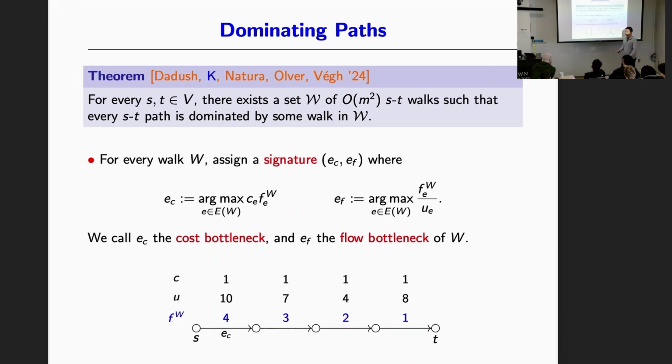And what's EF, the flow bottleneck? Yeah, 2. You scale this FW flow up until you hit some upper bound. So the maximum scaling factor is 2, and it's constricted by this arc. So that's the flow bottleneck.